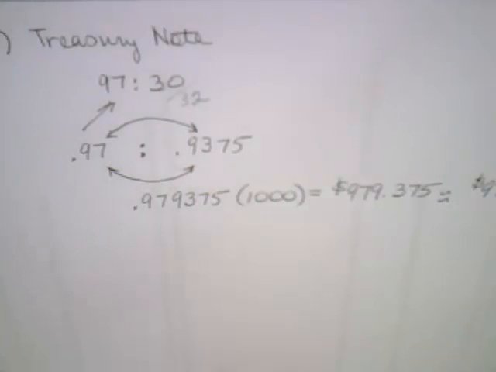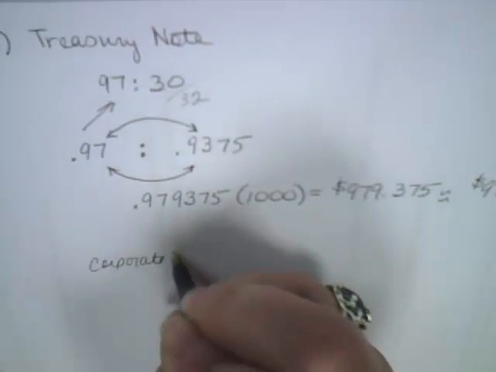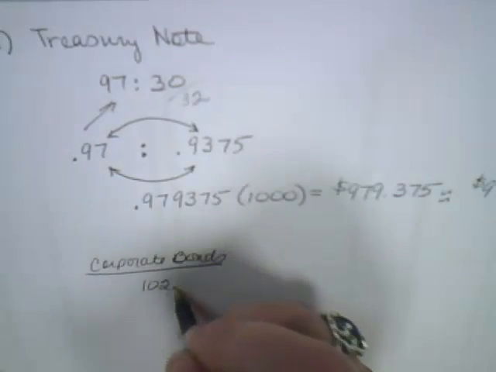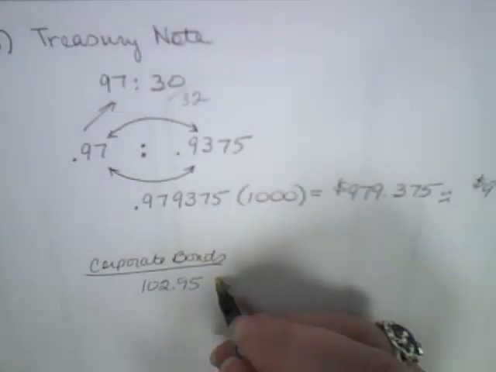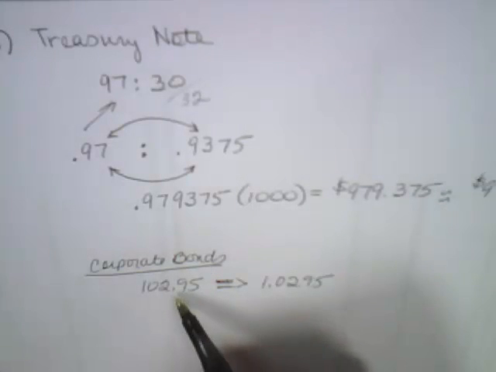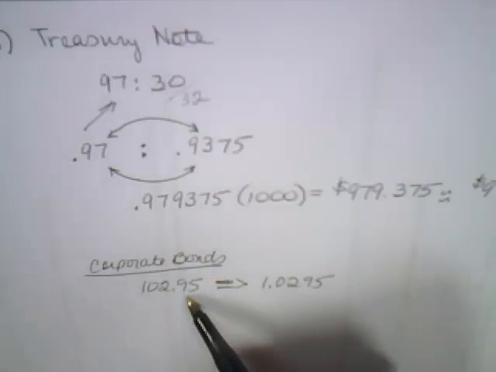All right, now when we look at the corporate bonds, we're looking at something a little bit different. They're quoted at 102.95. Now, to me, this is how I handle this. I always move that decimal place over 2 decimal points. Okay, why do I do that? Here we're saying that this corporate bond, if it's being quoted at 102.95, basically what we're saying is it's 102.95% of its value.